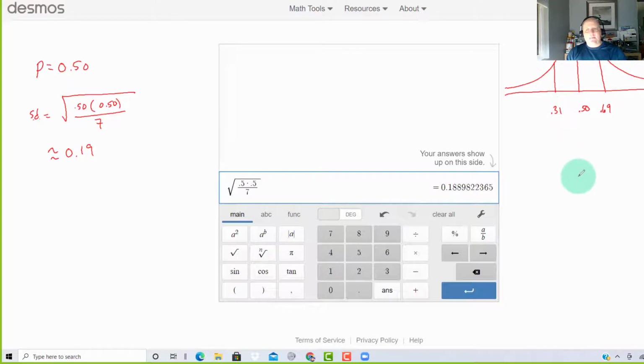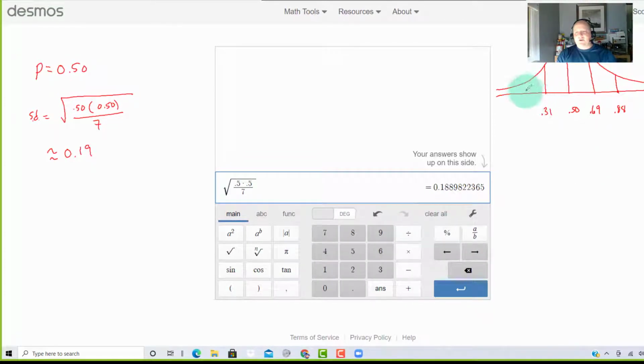Right? So I'm going up and down 0.19, and then if I did it one more time, I'd be up even higher. Going up 1 more standard deviation would be 0.88, it looks like there. And going down another would put me at 0.12. All right, so nice and symmetric.